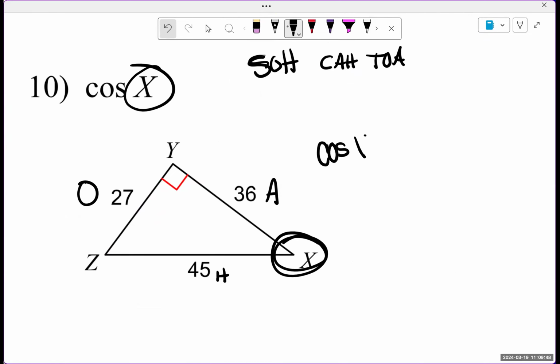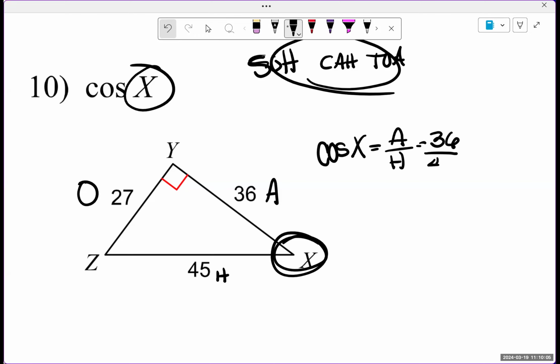Cosine of X, according to SOHCAHTOA, adjacent over hypotenuse. 36 over 45. 36, ABC, 45 is 4/5. Again, was the other one 4/5? Coincidence. That's a coincidence.